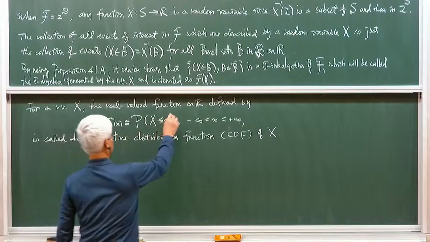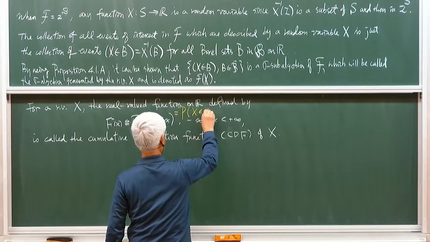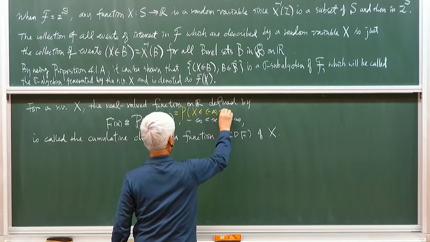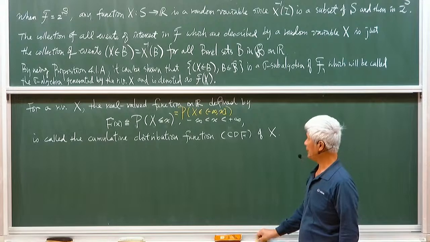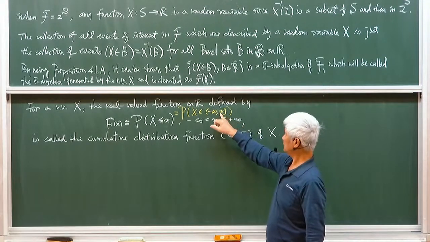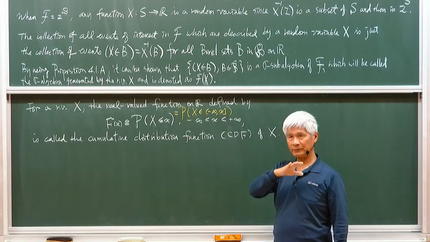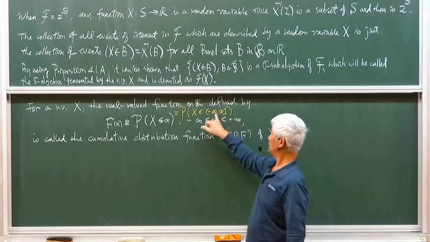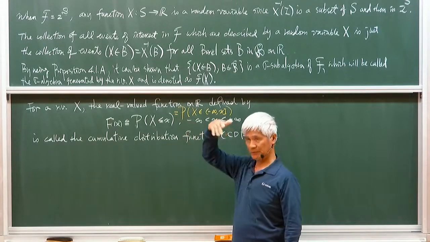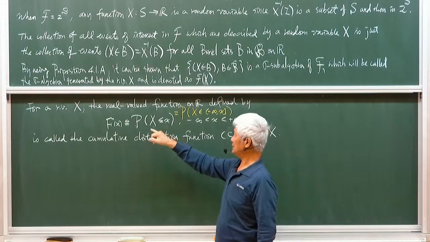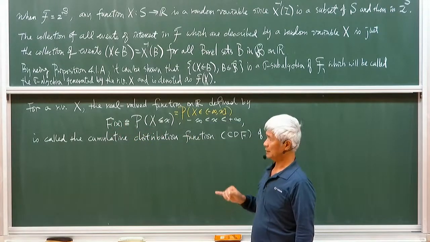This is the probability that x is in a semi-infinite interval. As little x becomes bigger and bigger, this semi-infinite interval becomes bigger and bigger, so this event becomes bigger and bigger, and the probability becomes bigger and bigger. That's why as x goes up, the CDF goes up too.